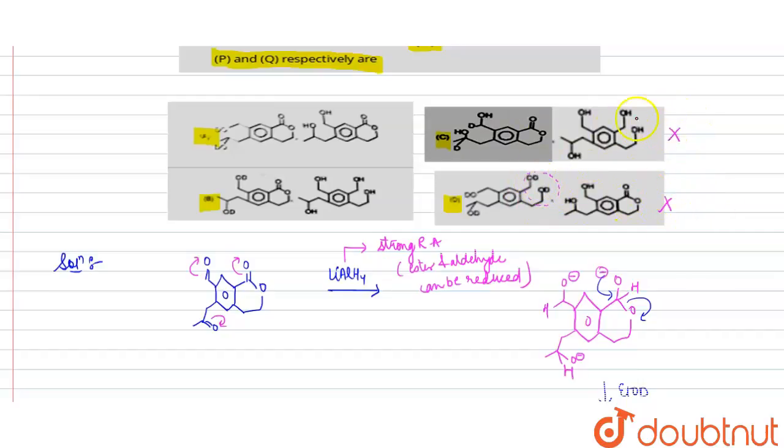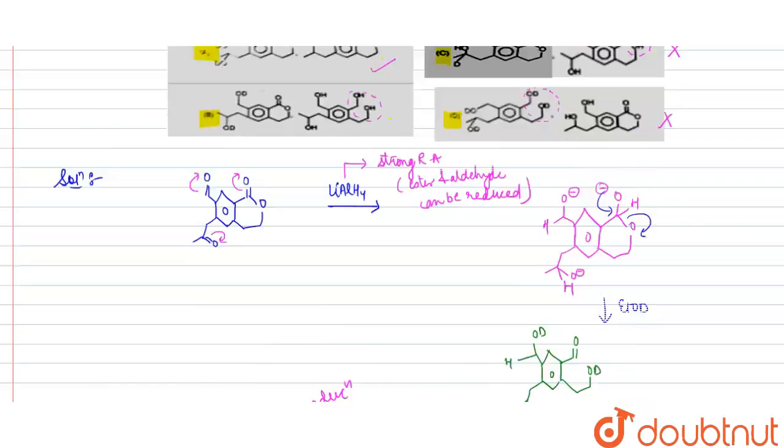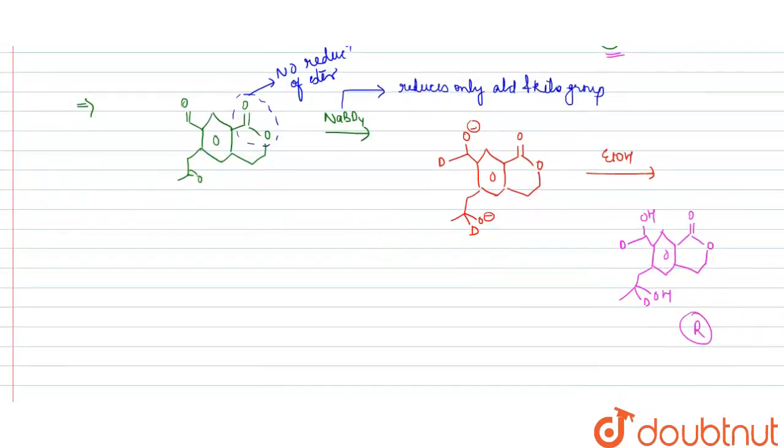C also cannot be correct because here also the ester group is getting reduced. Then B can also not be correct because the ester group is getting reduced, which could not be the structure for Q because in that case the ester group is not getting reduced. So we are left with only one option, that is option A. As a concluding statement, the final answer to our question, the structure of P and Q respectively, is given in option A.